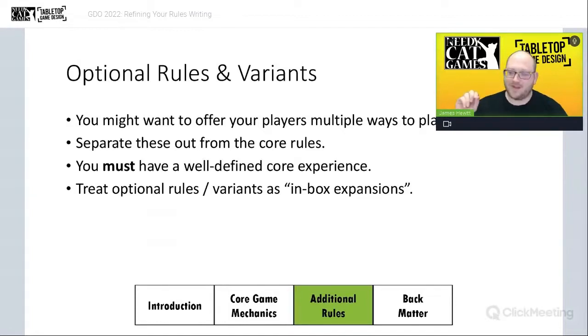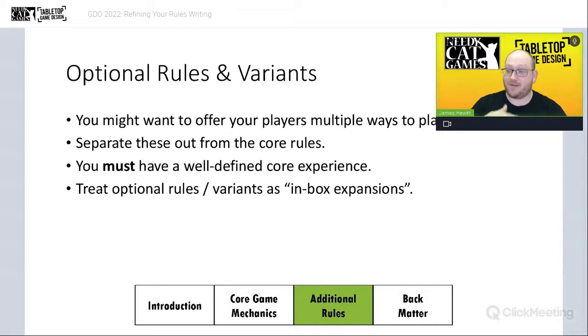The way to think of it is all of your optional rules are expansions that are included in the game. I've recently been playing Taverns of Tiefenthal, which is a fantastic board game by Wolfgang Warsch, a brilliant German designer. It has, I think, 4 expansions in the box. It refers to them as modules. It says, for your first game, play this.